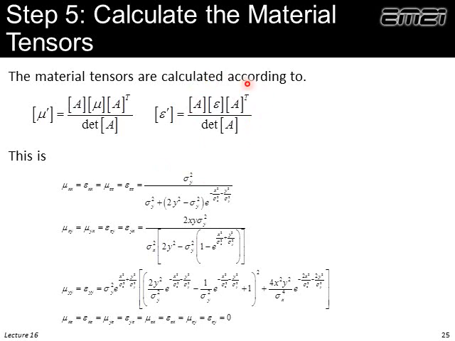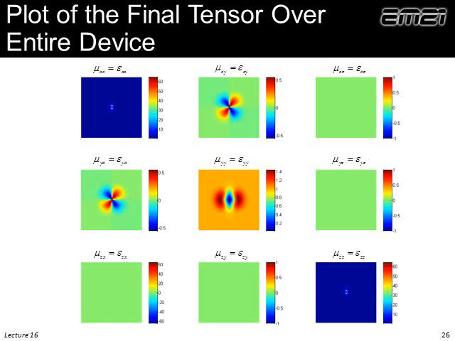And if we work through the math here, remember mu's and epsilons are tensors. These Jacobians are also tensors. When we work through the math, here's what we end up with. And I'll admit I didn't do this by hand. I used the symbolic toolbox in MATLAB, and I'll show you the code that I used in the next few slides. But here's what the tensor would look like.